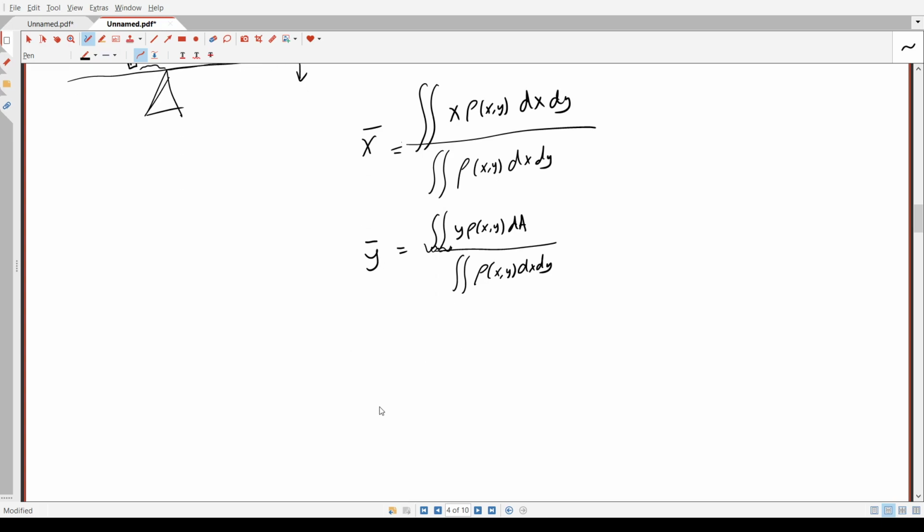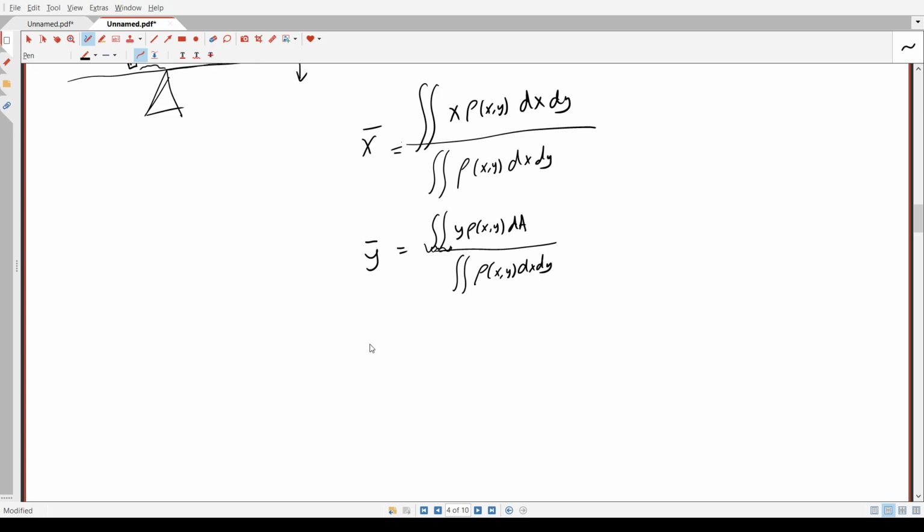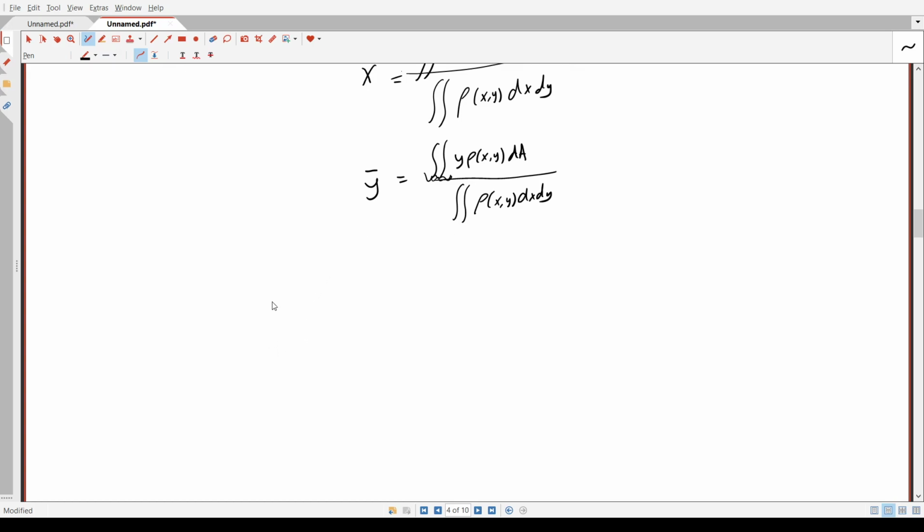Another interesting application. So this is how you would find the first moment, and that corresponds, like I said, to the torque and helps you find the center of mass. But one thing that you can also do, and I believe most people in here are engineers of some sort, so this will be a little more useful, is if you want to find the moment of inertia, right?